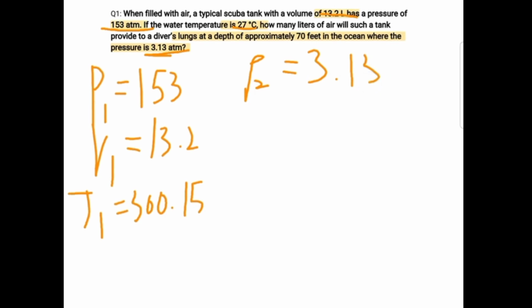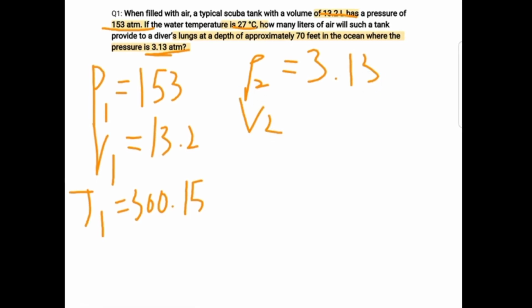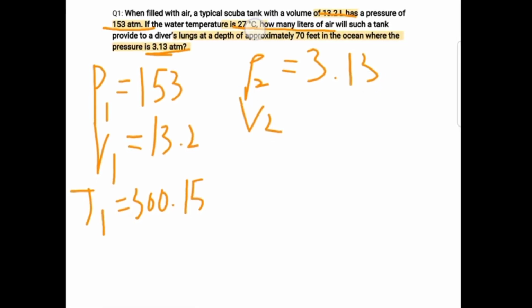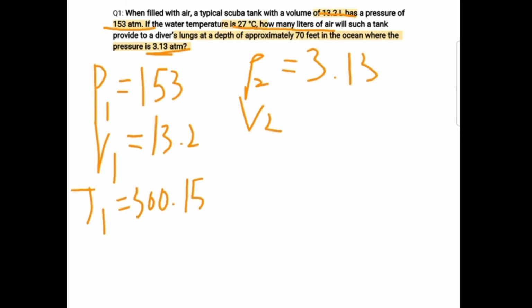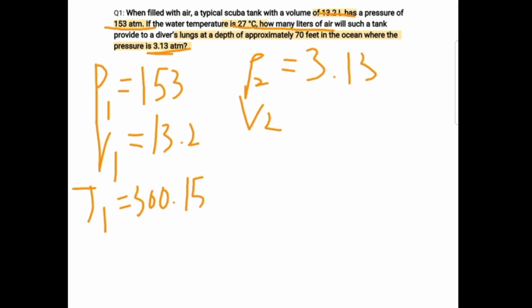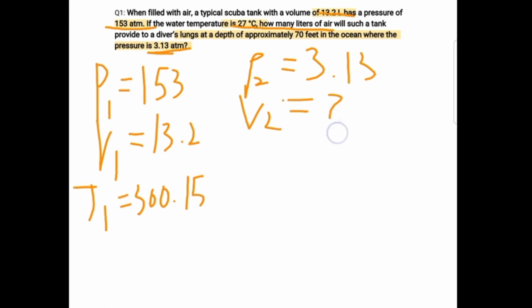V2 is what we need to find, how many liters of air the tank will provide, so the volume is unknown.